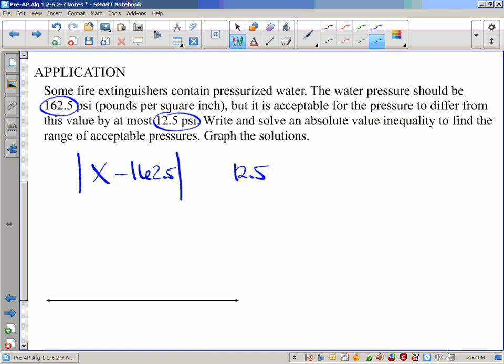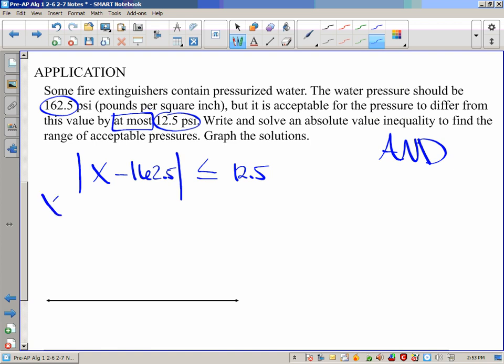Since we've been talking about inequalities, we need to use an inequality symbol, and we get that from this phrase, at most. That means 12.5 is the maximum, so everything on the other side has to be less than. This is a less than inequality, so this will end up being an and compound inequality.